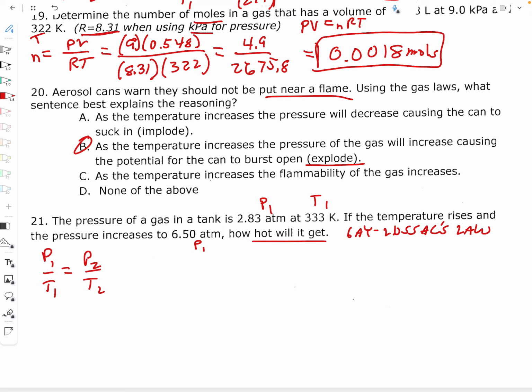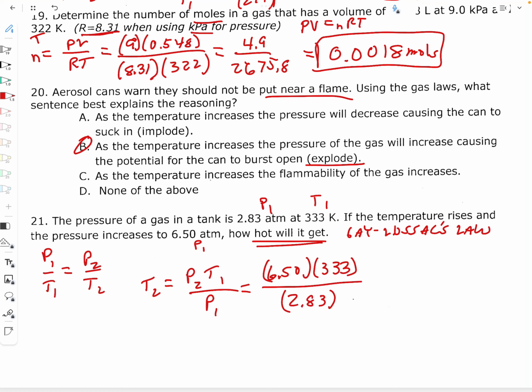We're solving for T2 because they're asking how hot it will get. T2 is going to equal P2 times T1 over P1. Substituting our values, we have 6.50 for P2. My T1 is 333. My P1 is going to be 2.83. Okay. You multiply the numbers on the top, divide by the bottom. 764.8 Kelvin is your answer. Okay?